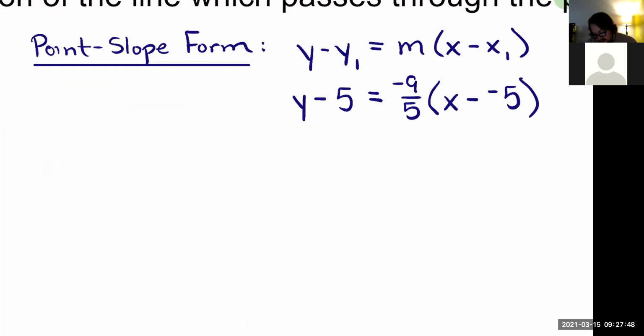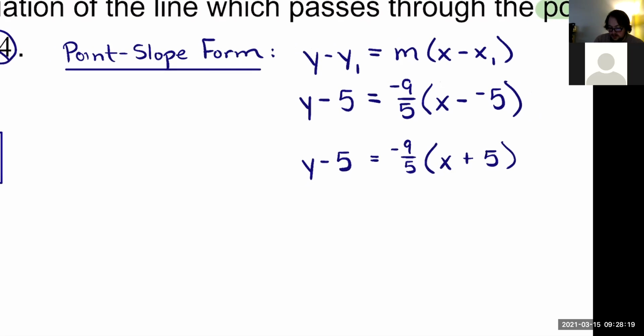Anytime we have a double negative, I highly recommend rewriting it so it looks like addition. Because for a lot of students, having a double sign there can cause a bit of a headache, which opens up the opportunity for mistakes. So if I was going through this one myself, I would take one extra line here, and inside the parentheses, I would rewrite that as x plus 5.